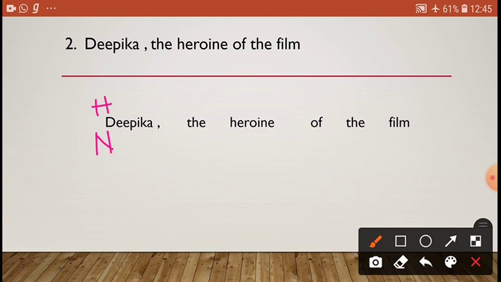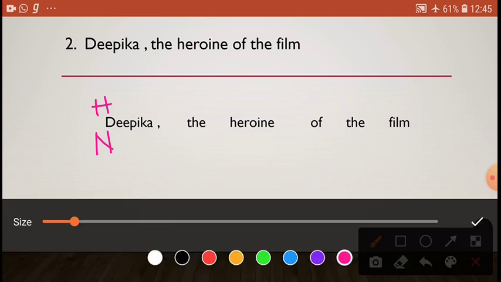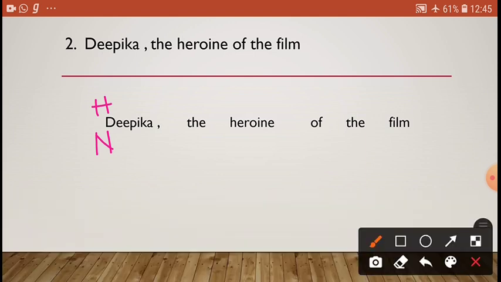Now, we can say that this phrase is a noun phrase, because the head of this phrase is a noun. So, therefore, we can say this phrase is a noun phrase. Now, we will give the form labels to other words.